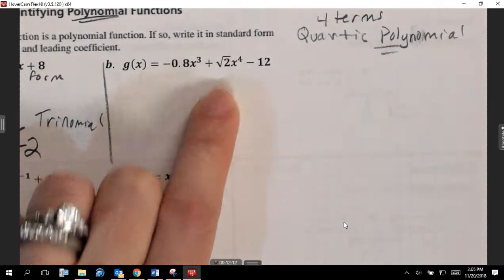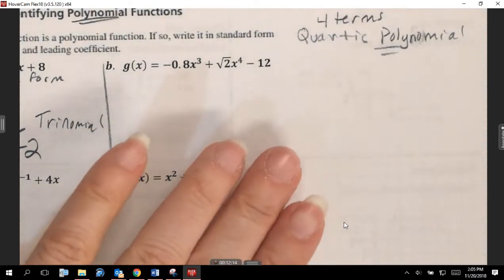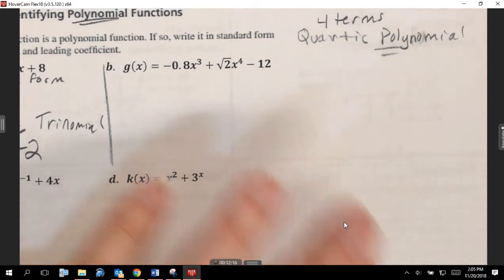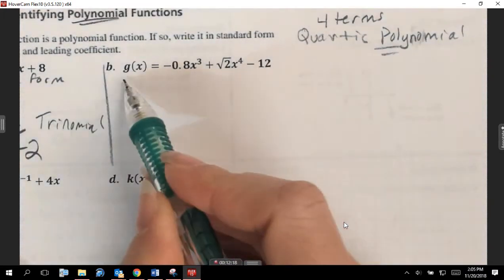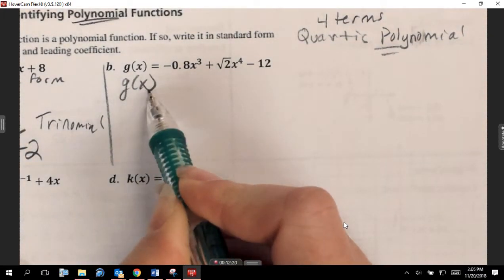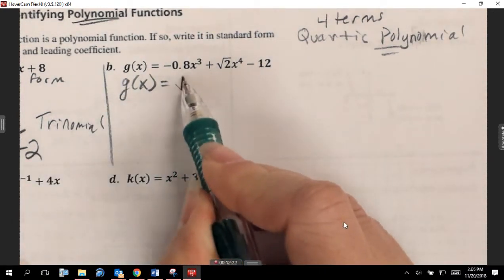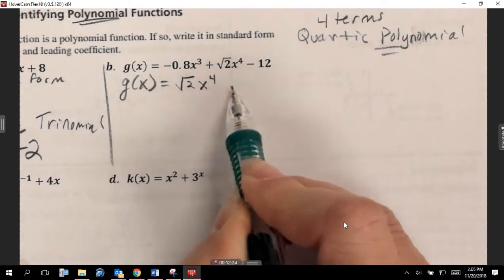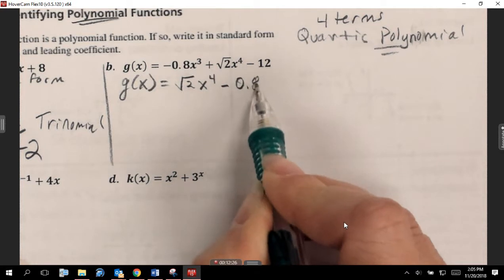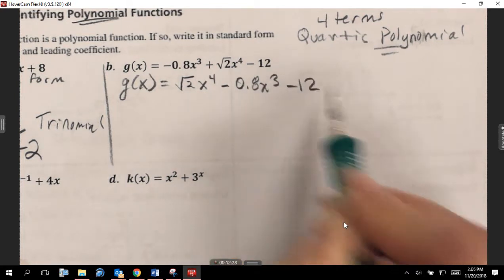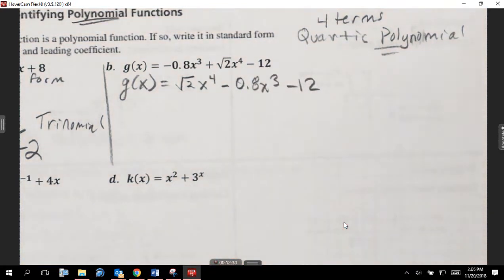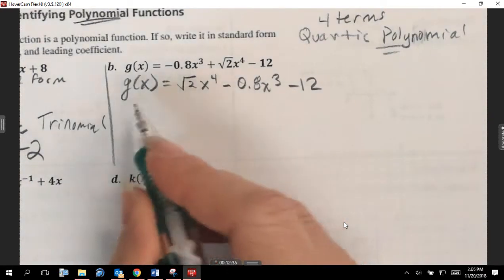Yeah, so you gotta look carefully. This one is a polynomial. It does not break any of those rules, but it is not in standard form, as you already told me, so we're going to rewrite it. So we have the square root of 2x to the 4th first, then minus 0.8x to the 3rd, and minus 12. So rearrange my terms so it goes in descending powers, that's standard form. From there we find our degree.